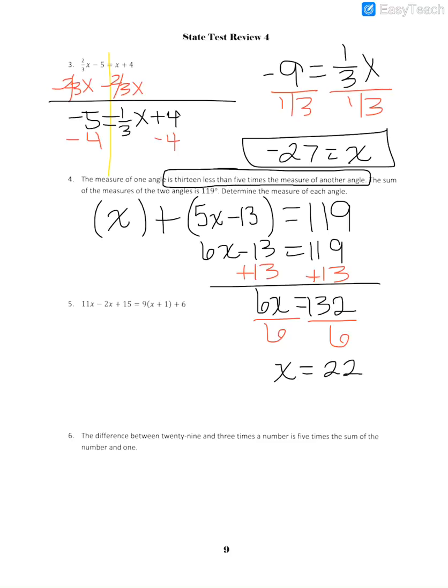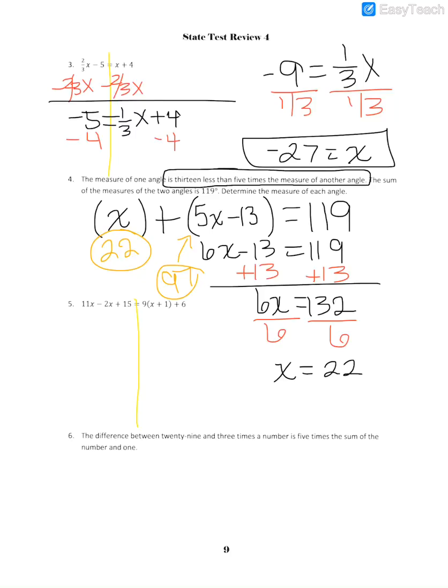And this says determine the measure of each angle. So my first angle is going to be 22. The other one is going to be 5 times 22 minus 13, and that gives me 97.